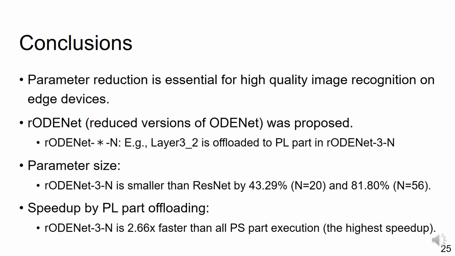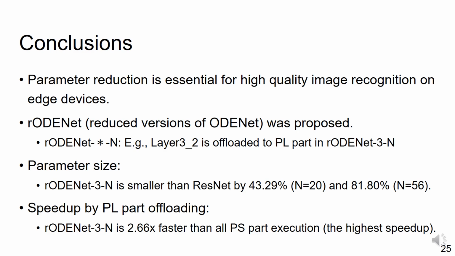This is a summary of our work. To reduce the parameter size for deep learning-based image recognition methods on edge devices, we focused on ODENet. To implement the OD block in the PL part of the Pynq-Z1 board, we propose RODNet and Hybrid while designing ODNet, so that they are suitable for execution on low-cost FPGA devices.